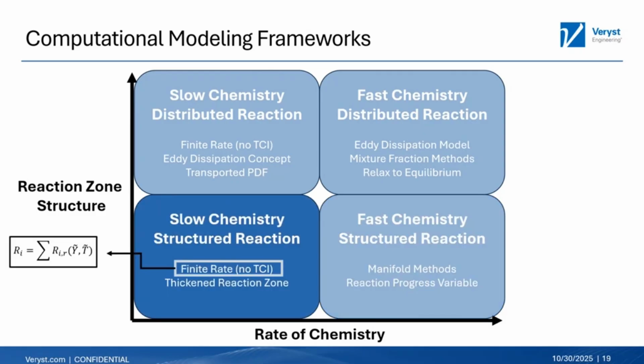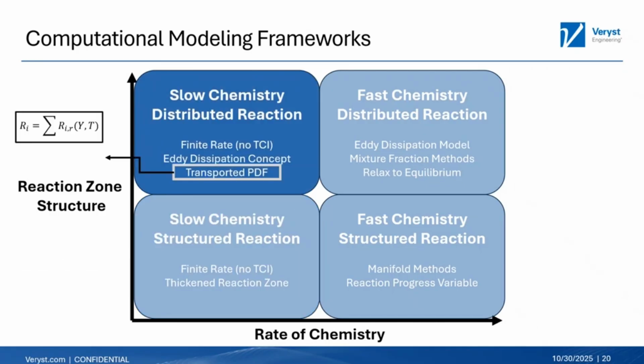Now, when we have slow chemistry, or chemistry that is slow enough to be at parity with the mixing timescales, here we use a variety of approaches that directly resolve the chemical reaction term. For instance, in a structured reaction, coming back to our flame example, we may use what's called a finite rate or a thickened reaction zone type of approach, where we solve directly for the evolution of the species and how they feed into the reaction term.